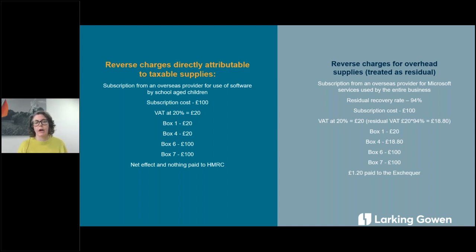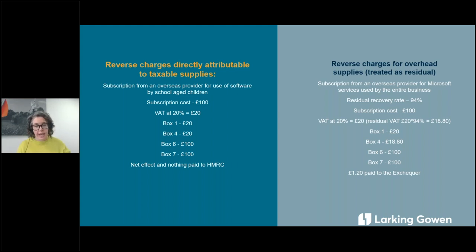So we're going to recover £18.80. So the VAT return reporting will be £20 in box 1 as output tax. The £18.80 that we've calculated we can recover because it's a mixed use item in box 4. And then we report the sale and the purchase of £100 in boxes 6 and 7.